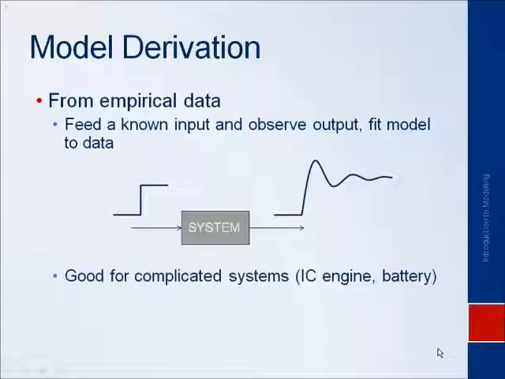This approach is good for complicated systems in that you don't really have to understand the system. You don't have to derive the model using your physical knowledge of the system. You just try and match the input to the output. Examples where this approach might be useful would be for an IC engine or for a battery.